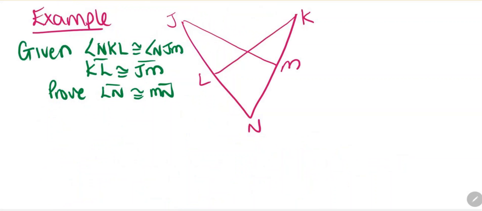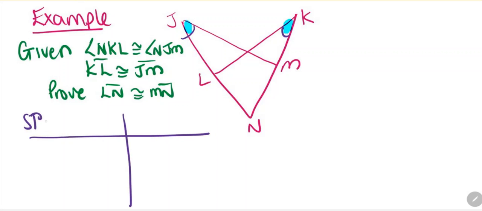Okay, so let's have a look at this example. So we've got given the angle NKL is congruent with NJM. So that means that this angle here and this angle here are congruent. So we have a statement and our reason.